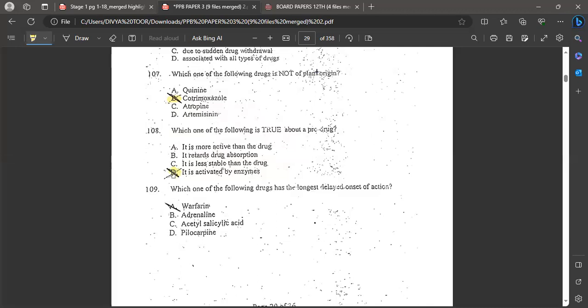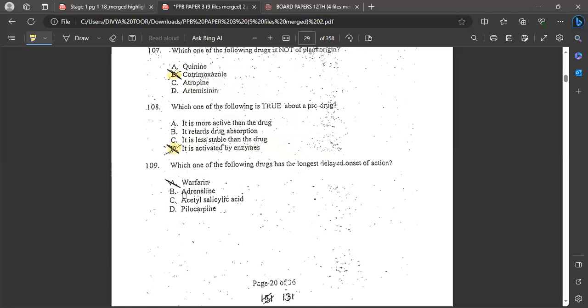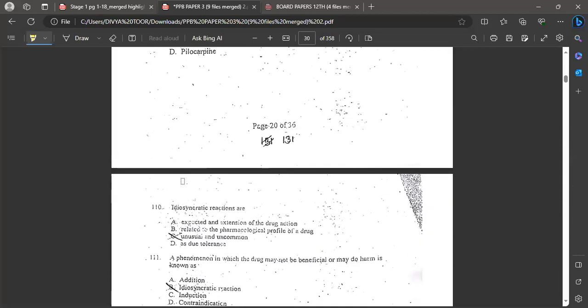It should be D. Okay, so which of the following drugs has the longest delayed onset of action? Warfarin, adrenaline, acetylsalicylic acid, and pilocarpine. Warfarin. Yeah, it takes a few days to kick in.